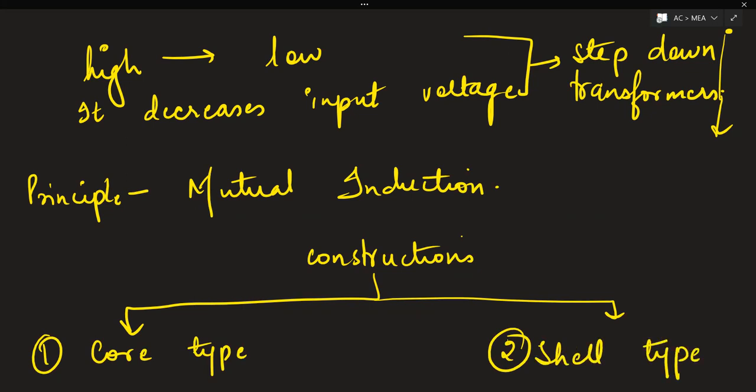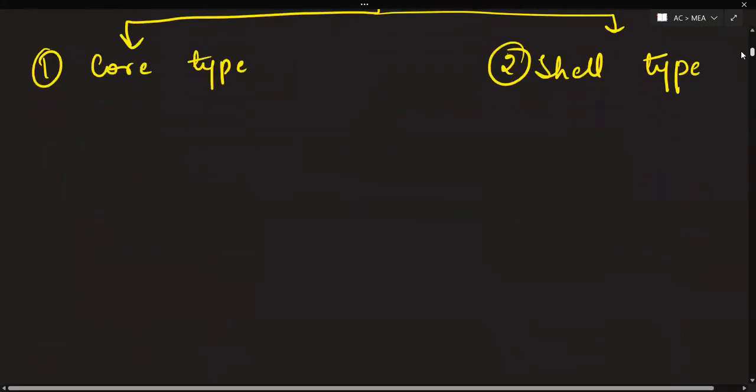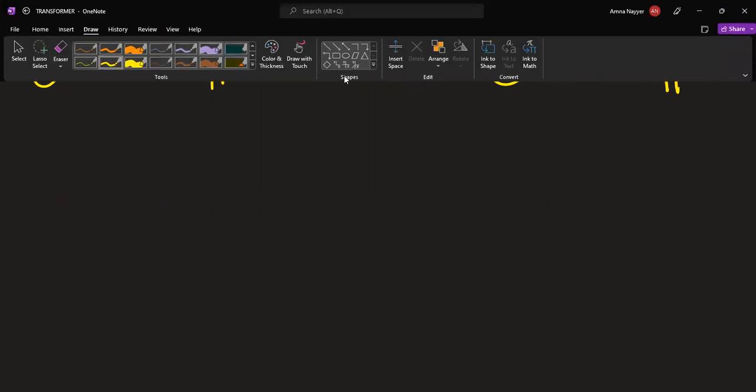Fine, core type and the shell type. Now, how is it constructed? Let us see first the core type. So, in the core type transformers, the primary and the secondary coils are separated. These are wound separately. I'll show you.